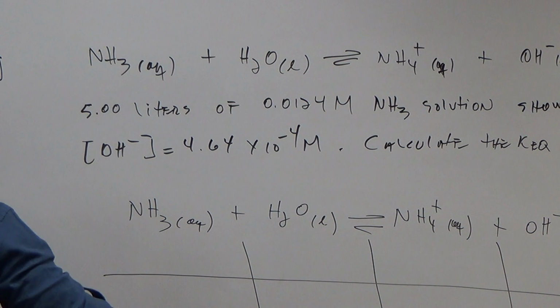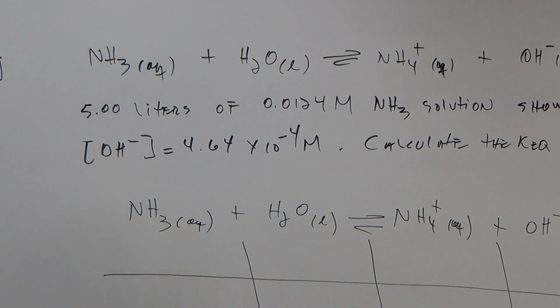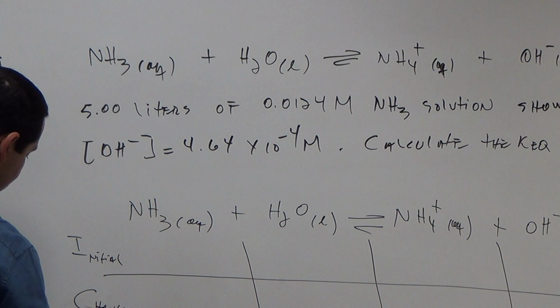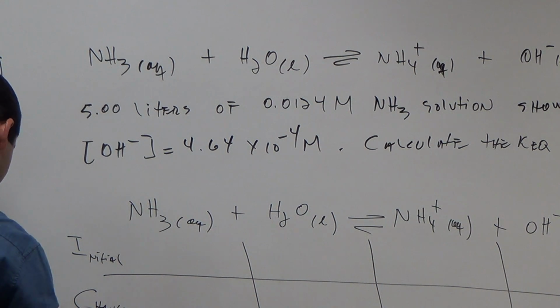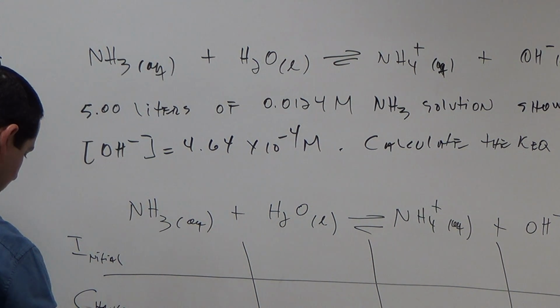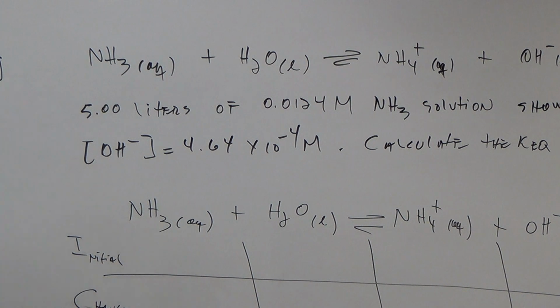You divide this thing into three. In the first one, you're going to have I, which stands for initial information. Next, you are going to write C, that stands for change. And E, that stands for equilibrium. Yes or no?